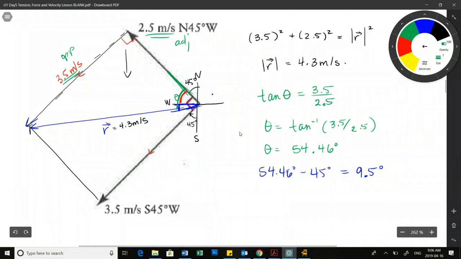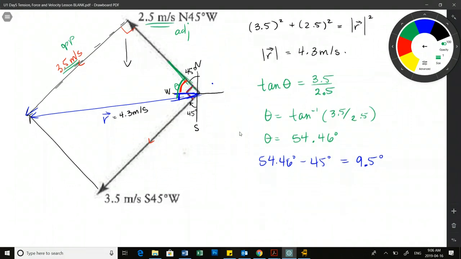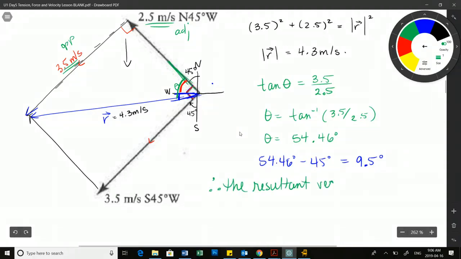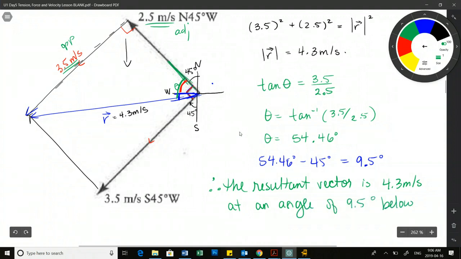Okay, so I'm going to say that our resultant vector is 4.3 meters per second at an angle of 9.5 degrees below the horizontal.